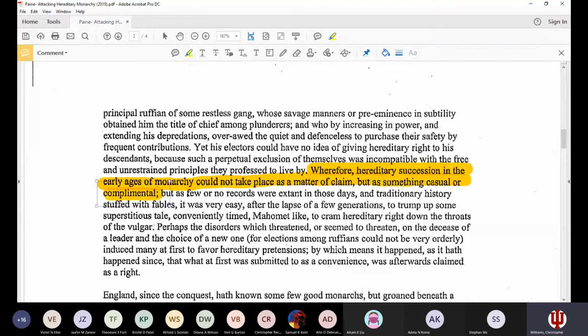But as few or no records were extant in those days, and traditionary history stuffed with fables, it was very easy, after the lapse of a few generations, to trump up some superstitious tale conveniently timed."